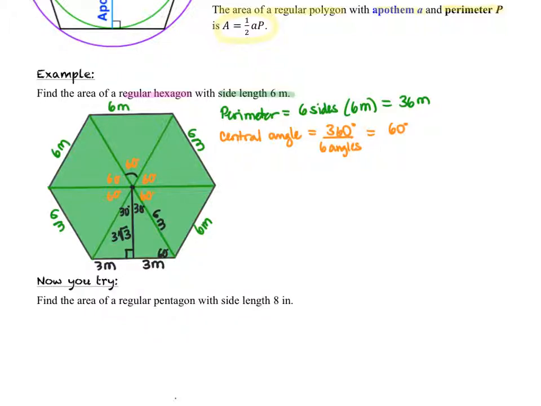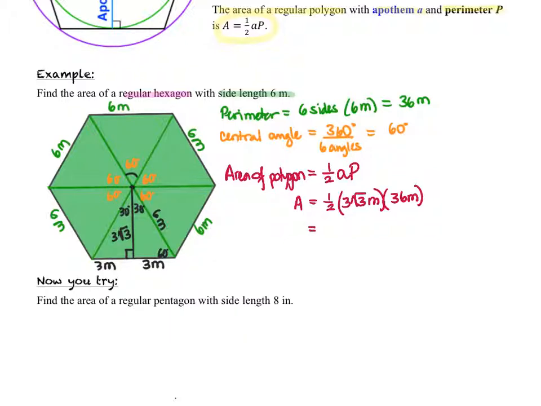Okay, our formula is area of the polygon is equal to 1/2 times the length of the apothem times the perimeter of the polygon. We're going to plug in 3 times the square root of 3 meters for our apothem length, and we're going to plug in for our perimeter what we found a little while ago, the 36 meters.